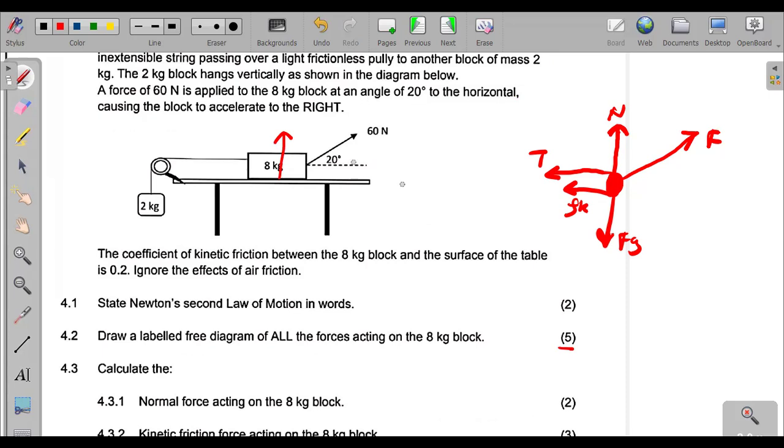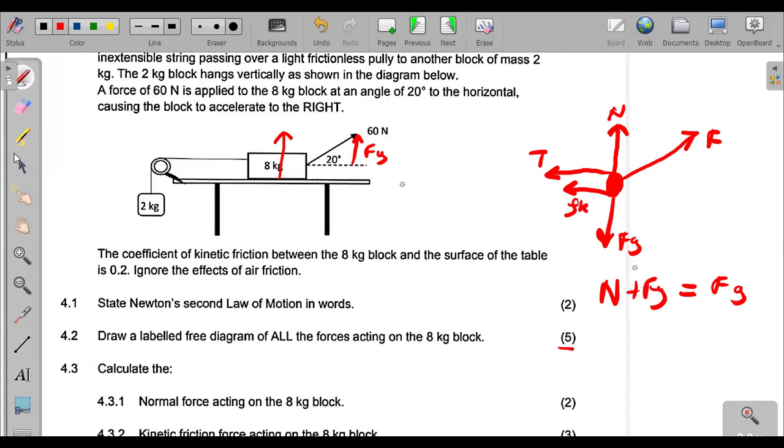No. There is also the vertical component of the applied force, which we can call Fy. So there are 2 forces acting upwards, N and Fy. The 2 of them should be equal to the gravitational force mg.